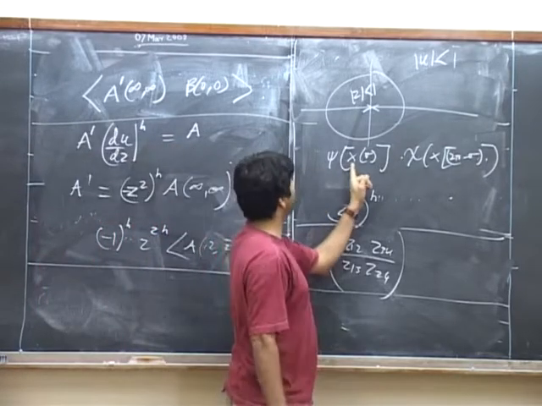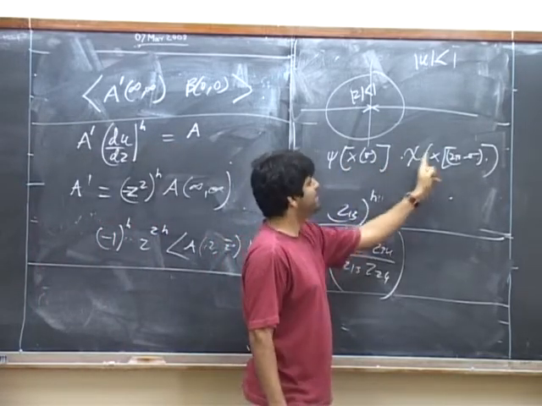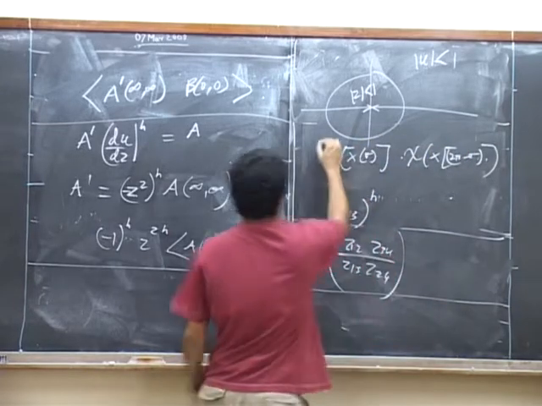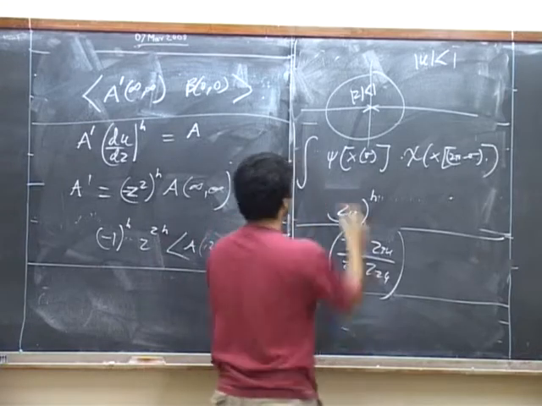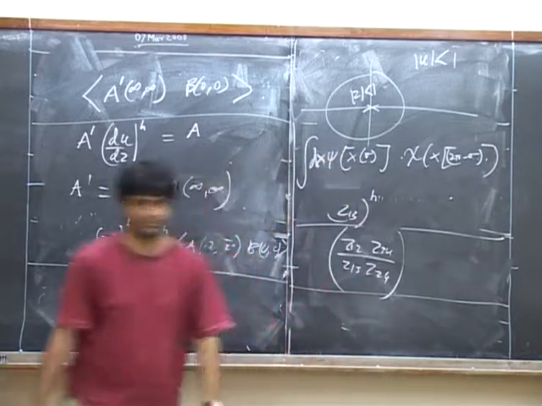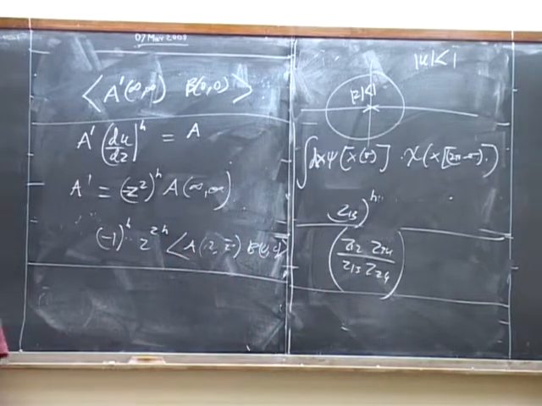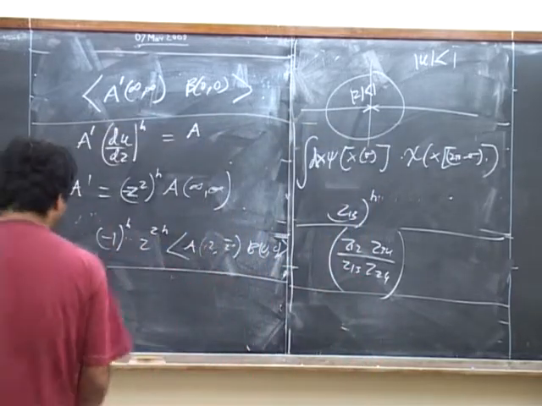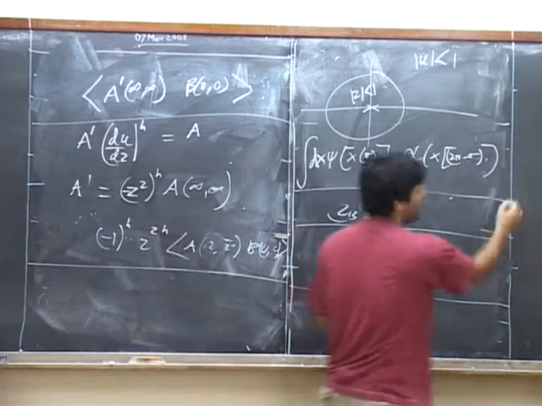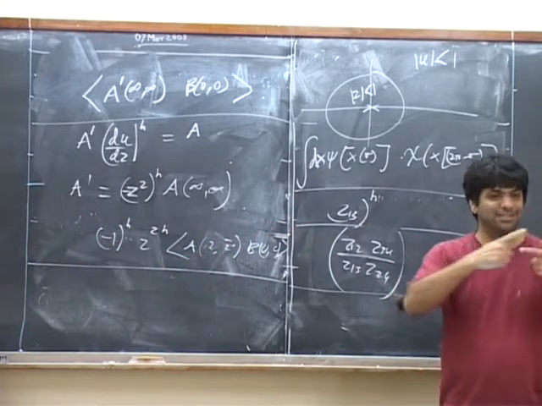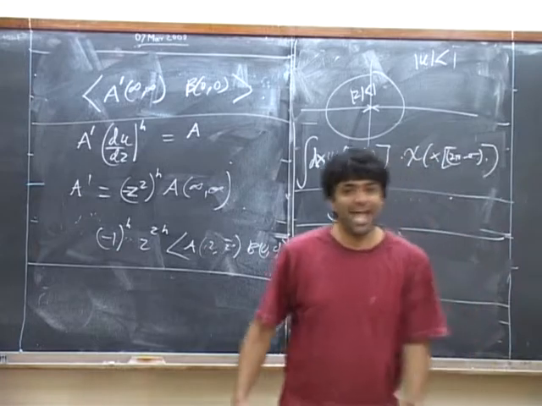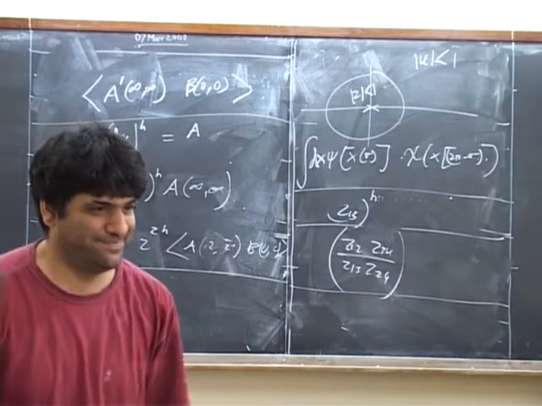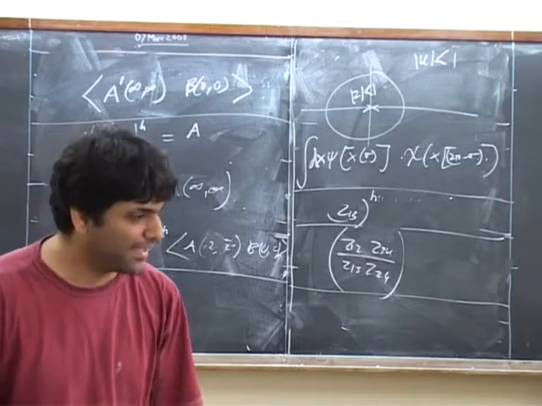So we get psi of x of sigma times chi of x of 2 pi minus sigma, and then this thing integrated over dx. So what is this object? It's some sort of number that you get by pairing two wave functions.